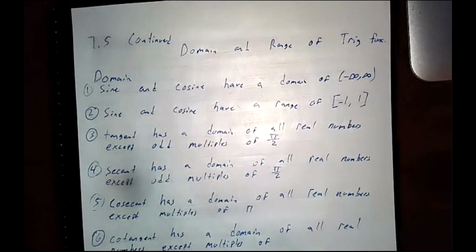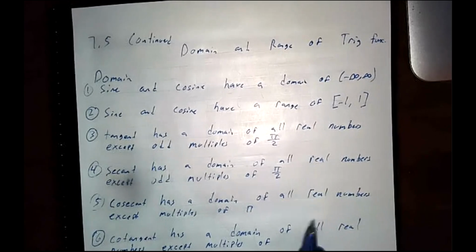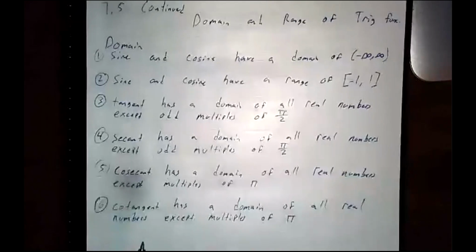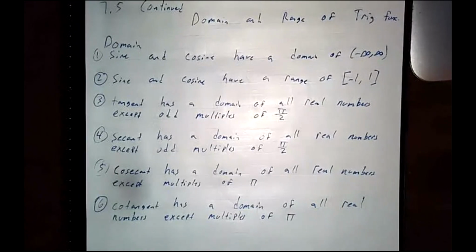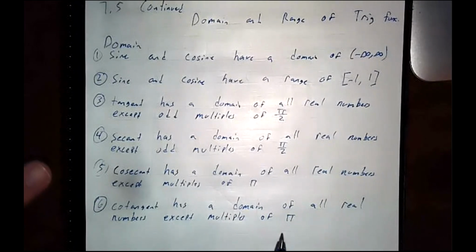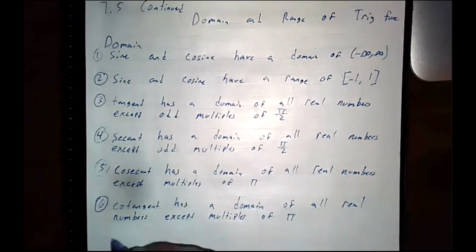Except, let's see, yes. Cotangent is technically what? Cosine over sine. So sine would have issues at pi and 2 pi, 3 pi, 4 pi. Yeah. Cosecant would have issues in the same place because it's 1 over sine. Yeah, no, we're good. Let's double check.